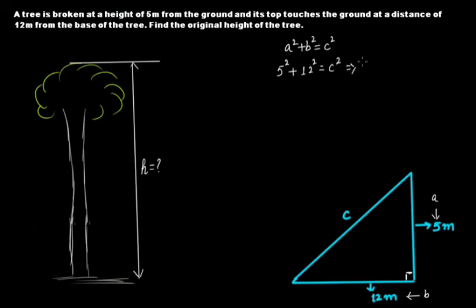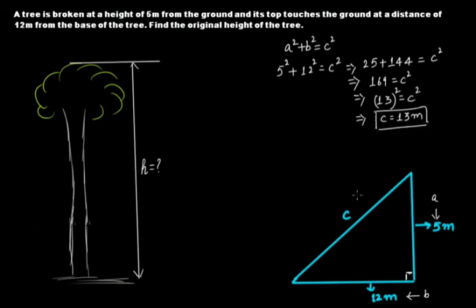If you solve this one, you'll get 25 plus 144 is equal to c square. And if you solve this, you'll get 169 is equal to c square. If you further solve it, you'll get 13 square is equal to c square. That means c is equal to 13 meter.